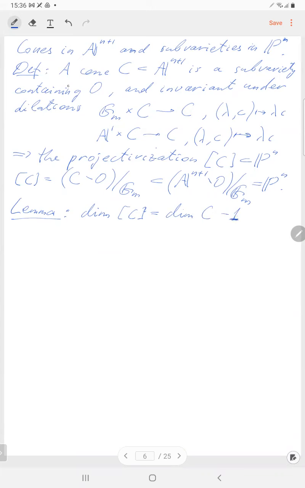Yeah, because you mod out by the action of the one-dimensional multiplicative group, the dimension drops by 1. But let's prove it more rigorously.